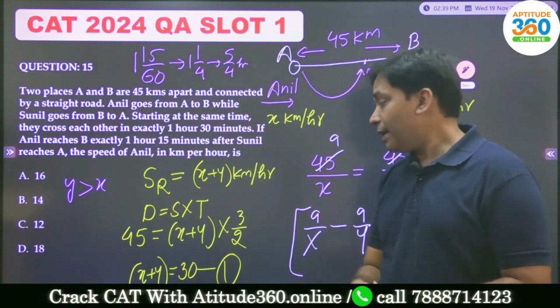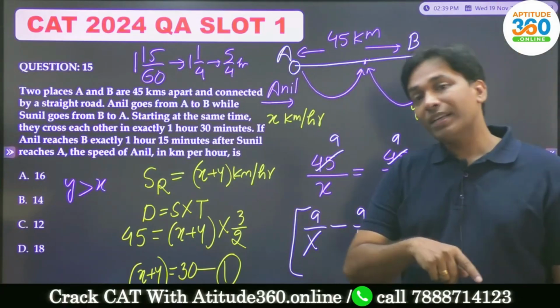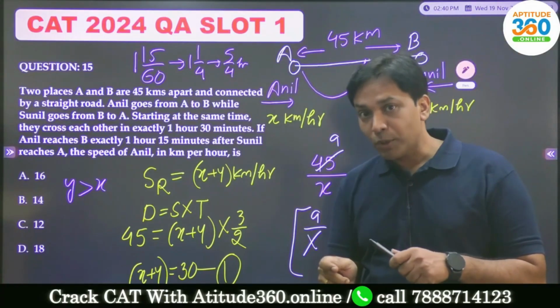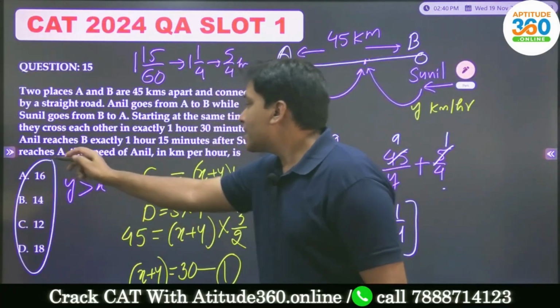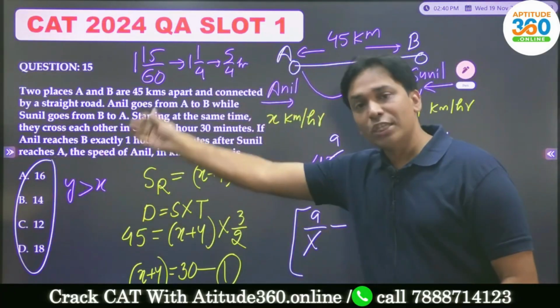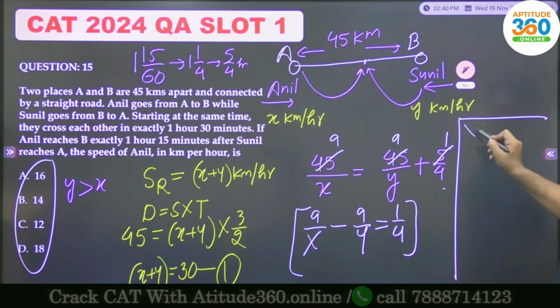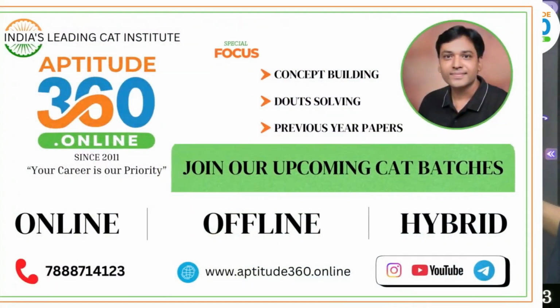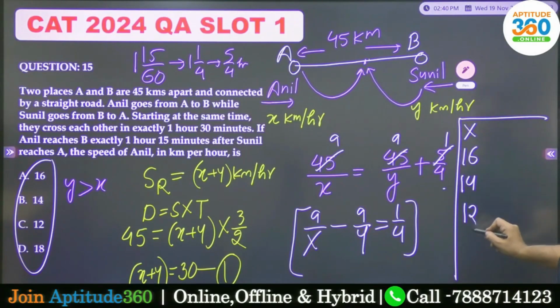Do we have the clarity? If I try to simplify this, it is going to become a quadratic equation. And this is where we will get stuck. So what is it that we should be doing? We should play smart. And we know for sure that speed of Anil is one of these values. So if speed of Anil is x, the value of x is given to you as option A is 16, option B is 14, and then 12 and then 18.